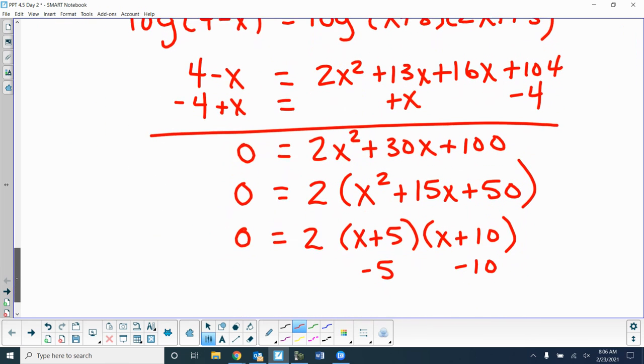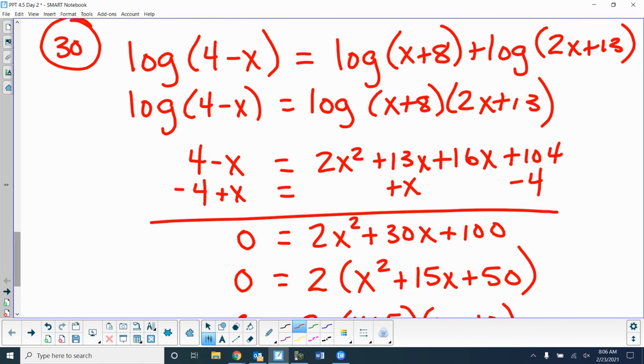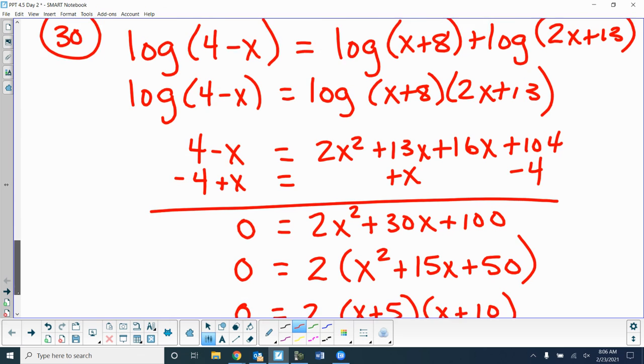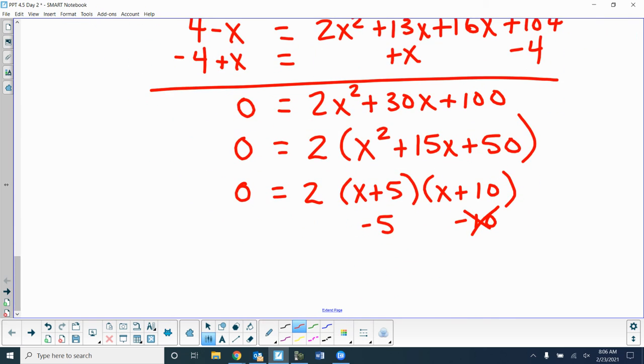If I have a -5, what's 4 minus a -5? 9, so that's positive, that's okay. -5 plus 8 is 3, that's still positive. -10 plus 13 is 3, so -5 works. If I use -10, I get 14 here, 4 minus -10. -10 plus 8 is -2, that gets that one out. So the only one that works is -5, because again, you can't take the log of a negative.